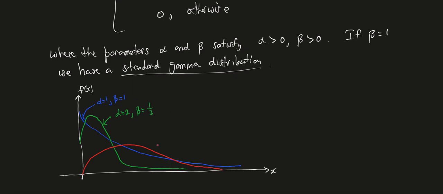So this would be an example where alpha is equal to 2 and beta is equal to 1. What if they're both 2? If alpha and beta are 2, you're going to end up with something that looks kind of like this. It goes up and then again tapers off like this. So that one would be where alpha is 2 and beta is 2.